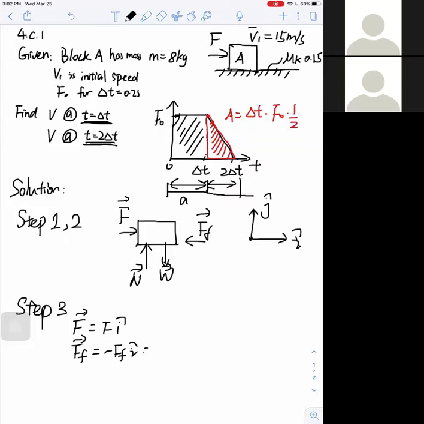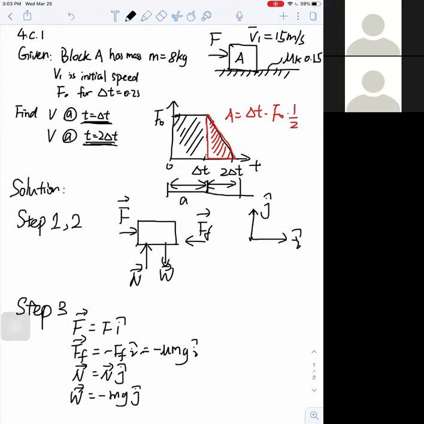And we know friction force equals mu N, and in this case, normal force equals the weight force. So we can keep writing this as mu mg I. Normal force equals N on J direction, and weight force is negative mg on J direction.